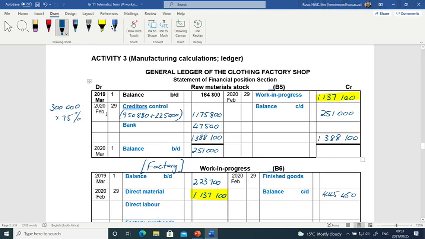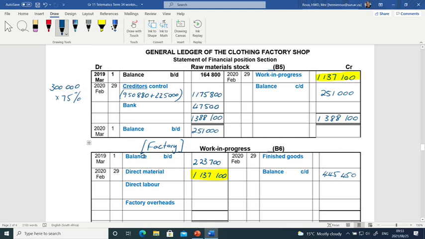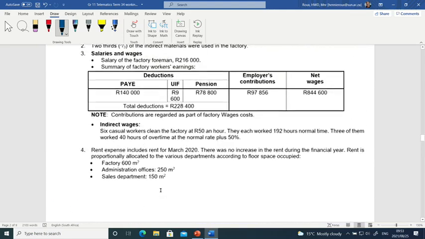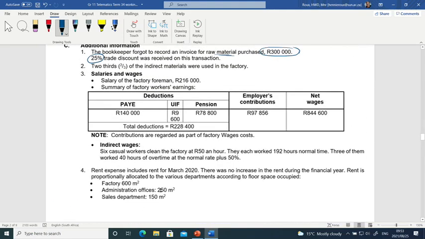Now for the work in progress, we need information on direct labor. They didn't ask us the account, so we must do some calculation for the direct labor. Information 2, they give us something on the indirect materials. Information 3 is on salaries and wages.